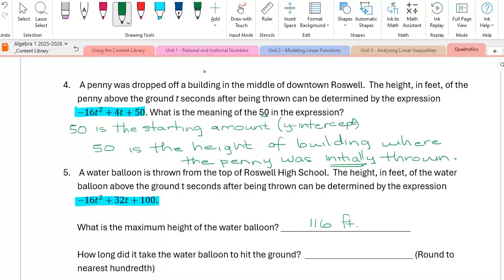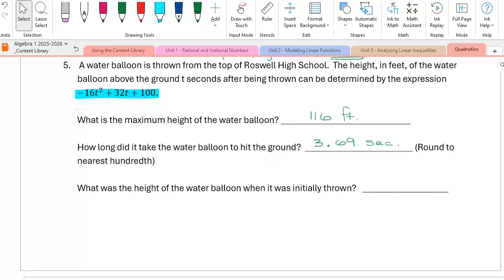How long did it take the water balloon to hit the ground? Now it said to round to the nearest hundredth. So I just need 2 decimal points after the decimal, 2 numbers after the decimal, making sure you round correctly. So it took 3.969 seconds. Then it says, what was the height of the water balloon when it was initially thrown? This is your starting amount.